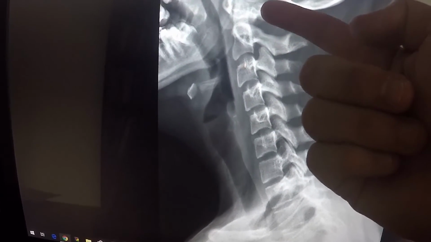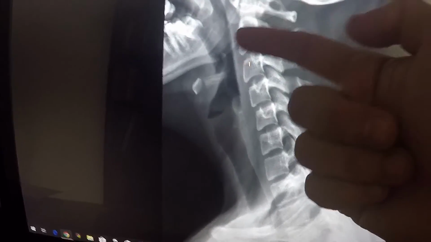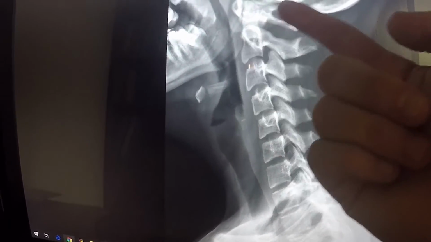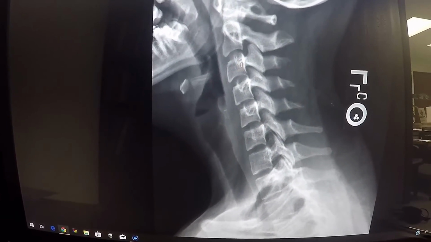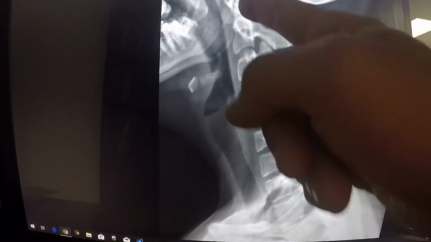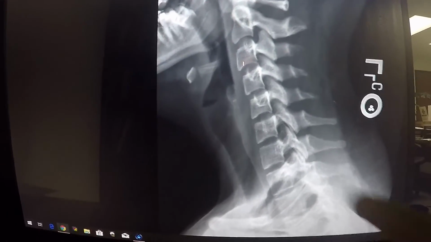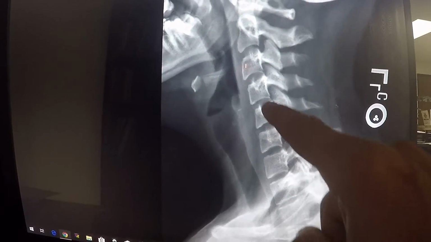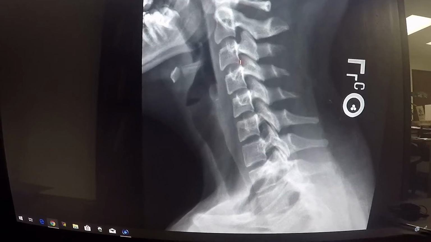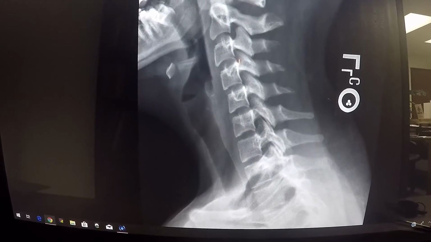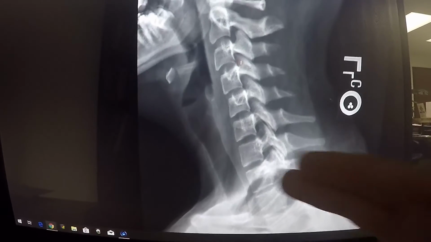But a person, especially a young person like this with very little degenerative disc disease, should have a nice C-shaped curve like that. That helps the spine act as a spring. Well, when this person has this military neck type of thing going, it produces a tremendous amount of stress on the discs. So we know that this person is probably going to start developing early stage degenerative disc disease as a result of this straightening of the spine.